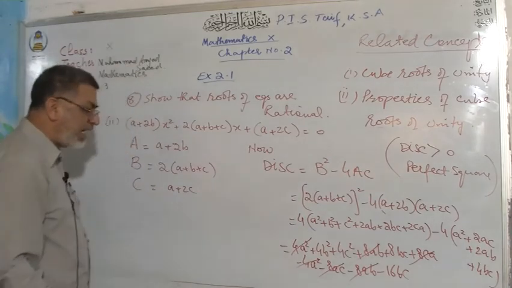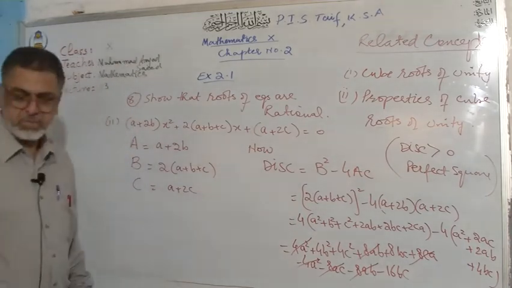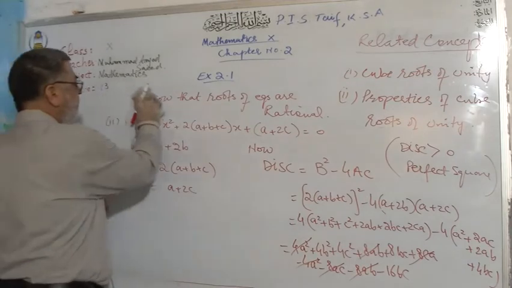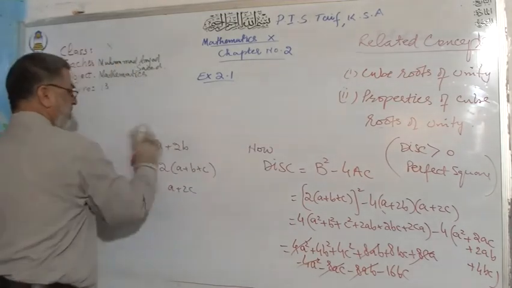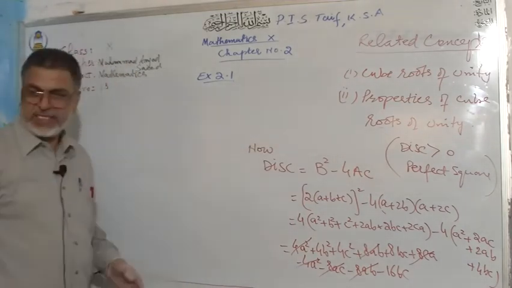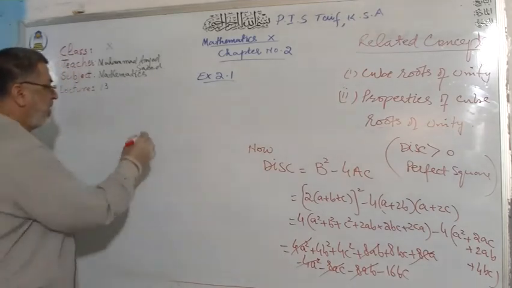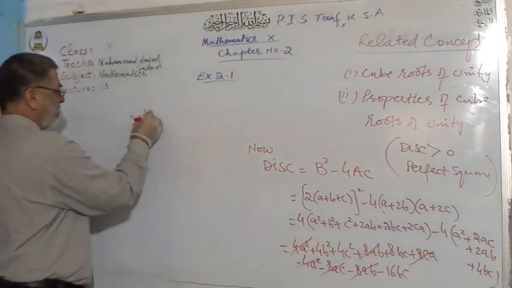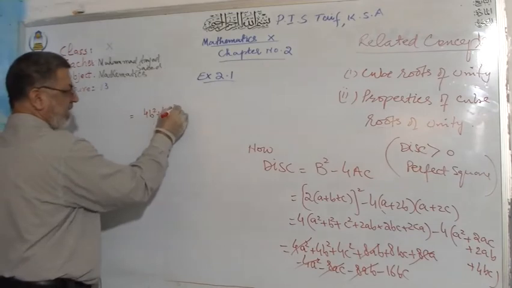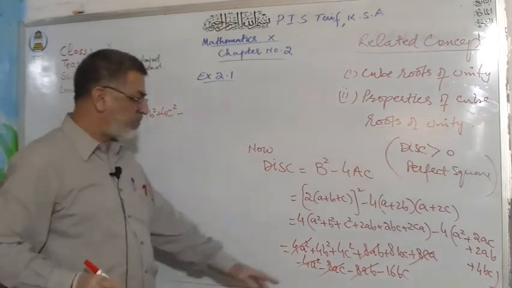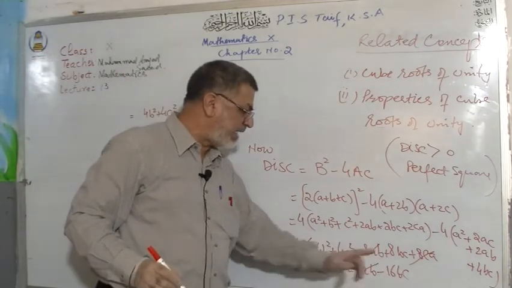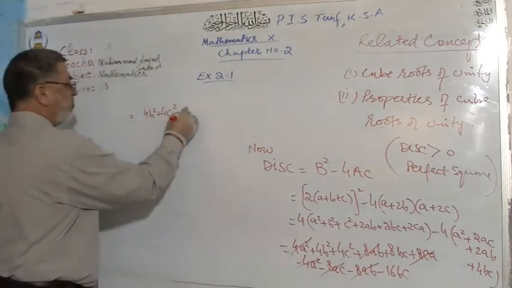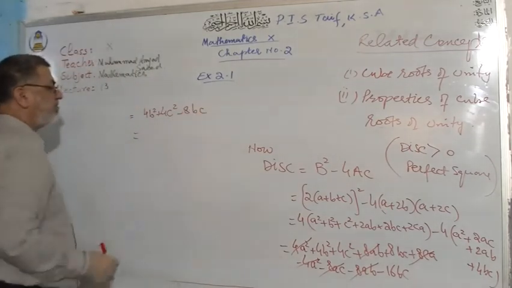And we are left with 4b square plus 4c square. This is plus 8bc and minus 16bc, that is minus 8bc.